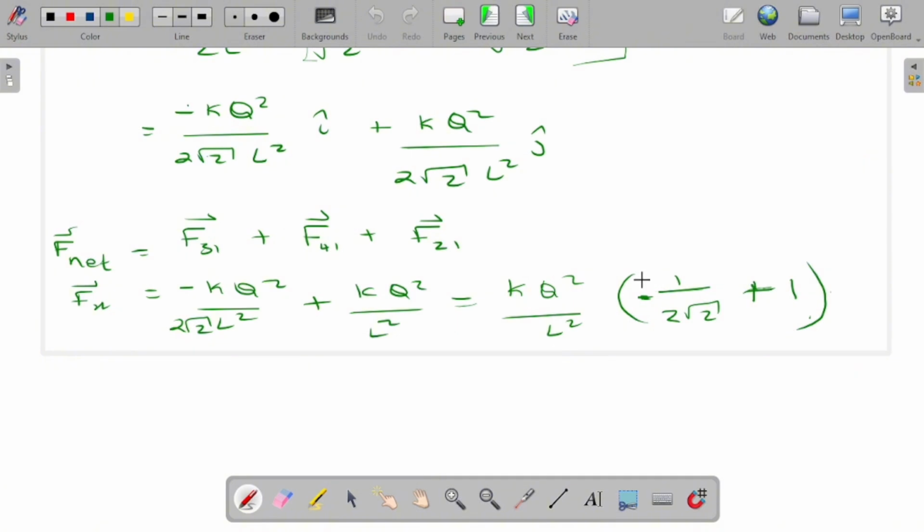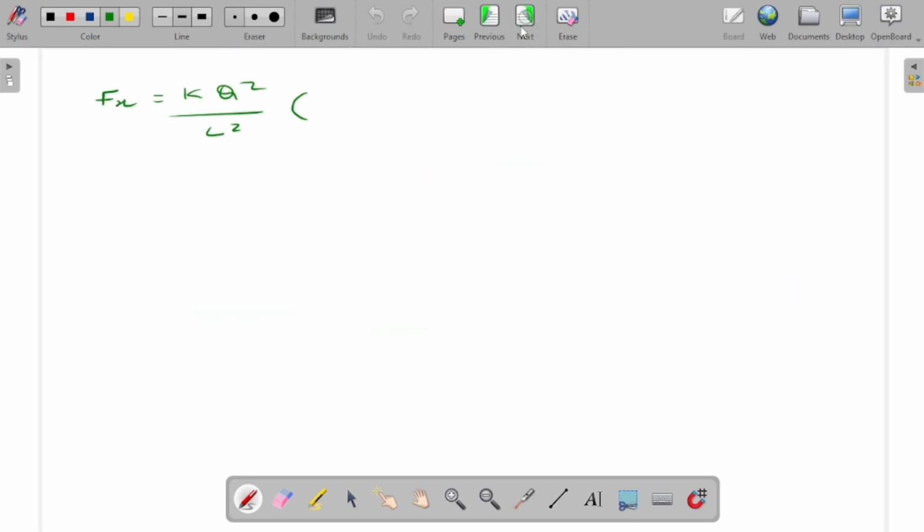I think it can be more simplified than this. 1.354. Are you sure? Oh no, my bad. I added instead of minusing it. It's negative 1.35.